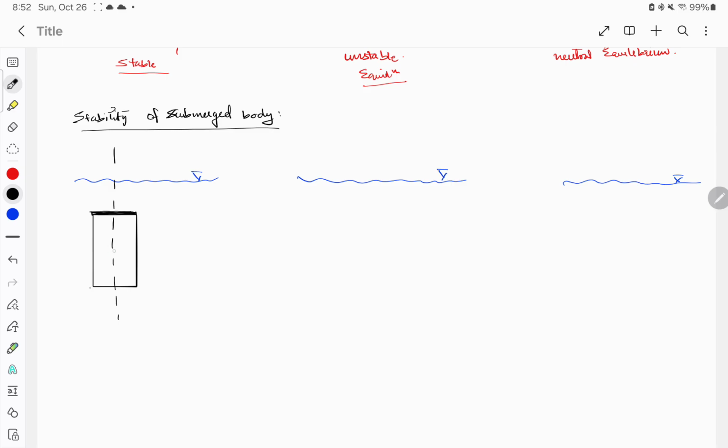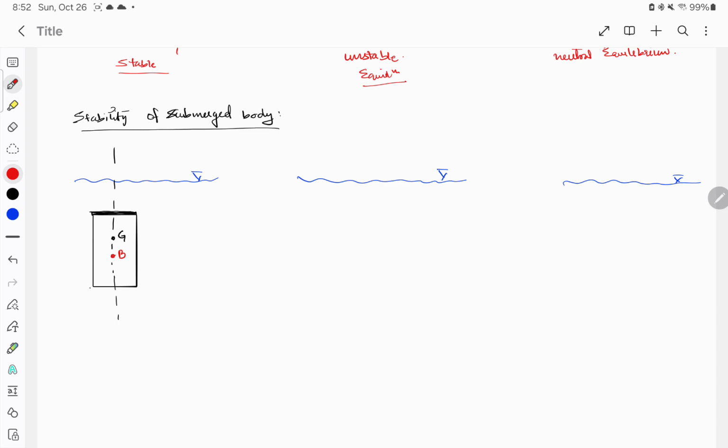However, since the weight is there, it will shift upward, right? So the center of gravity of the body will be somewhere here, and the weight of the fluid displaced by the body is this rectangle. So the buoyant center will be somewhere in here.